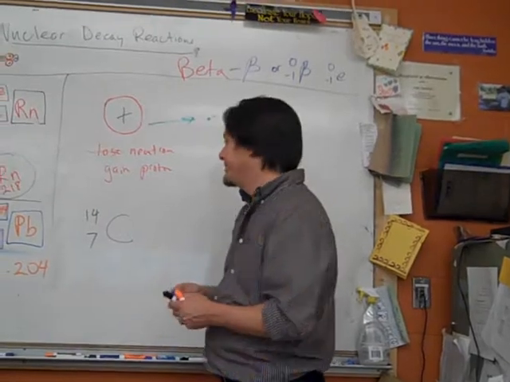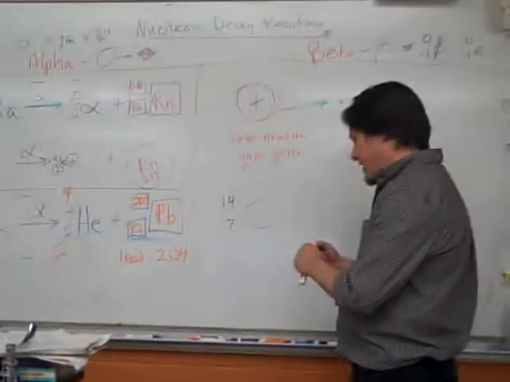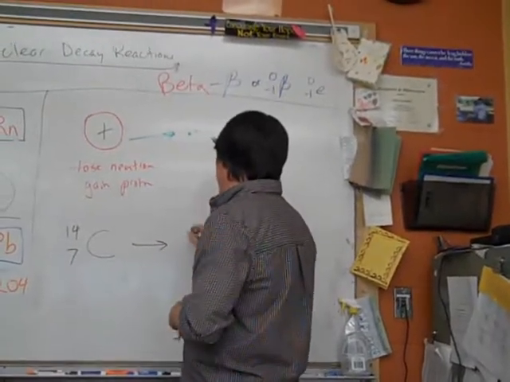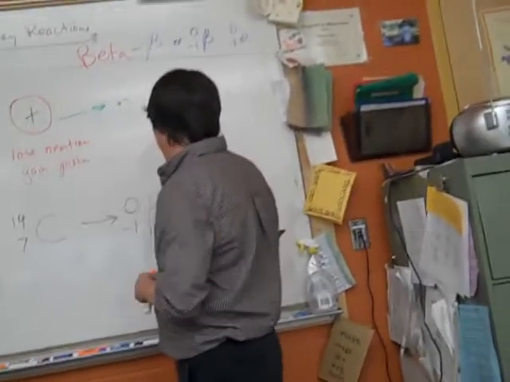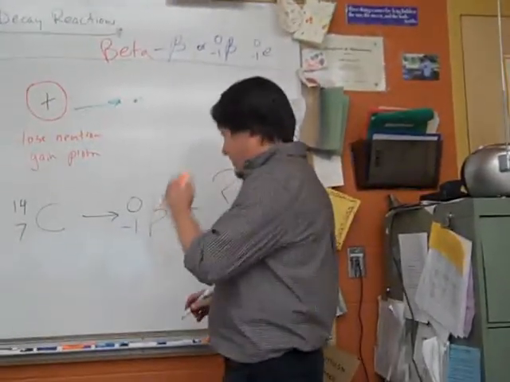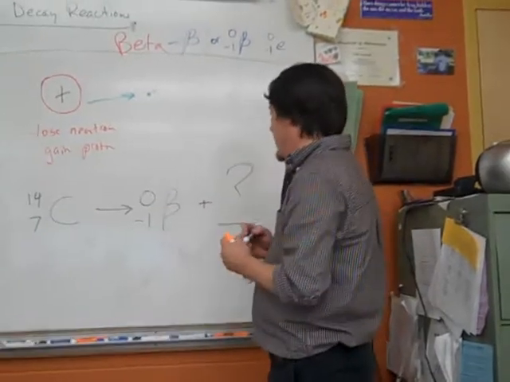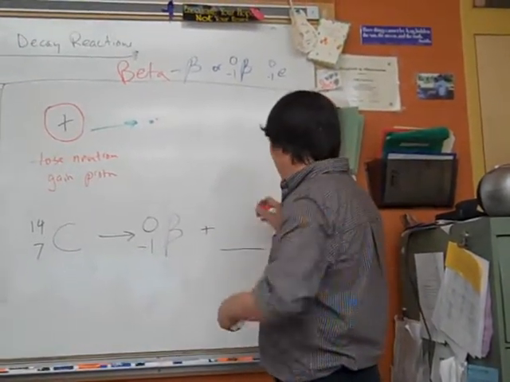Let's move on. Okay, so we got carbon-14. Carbon-14 is going to spit out a beta particle. We will write that as 0 minus 1 beta. And the question is, what is left? Well, once again, what is left will be an isotope of some sort.